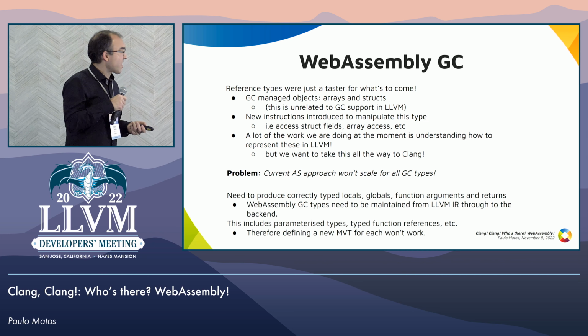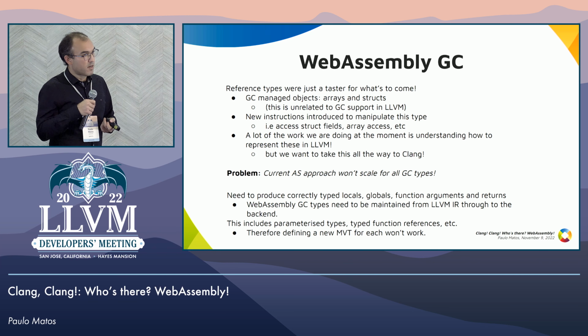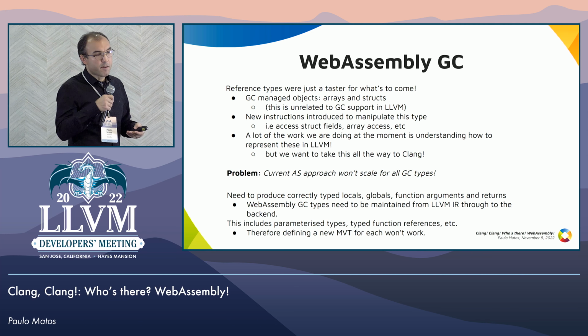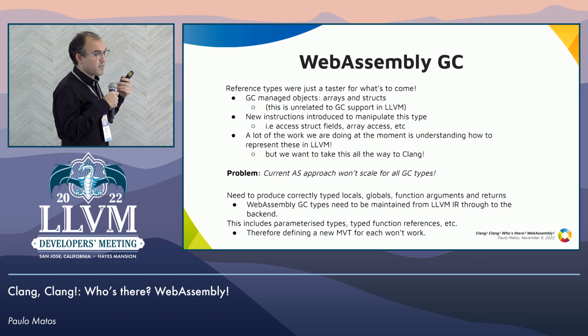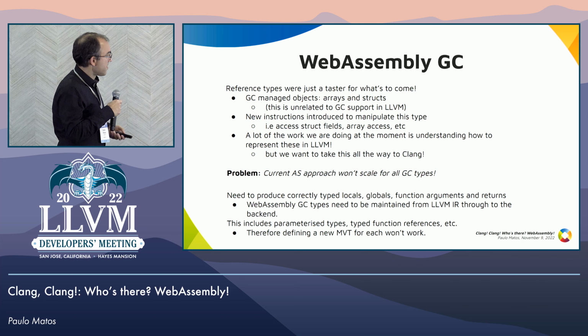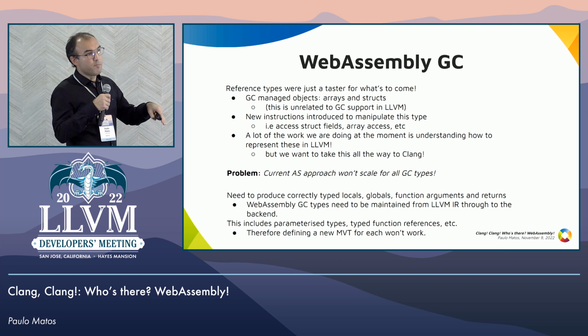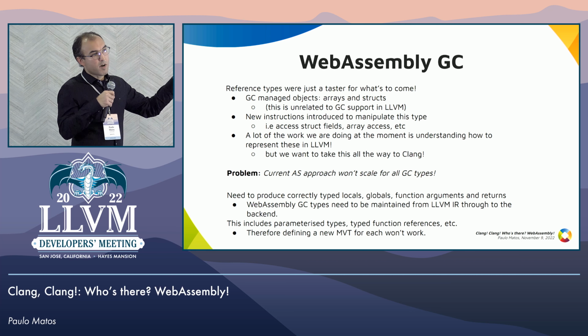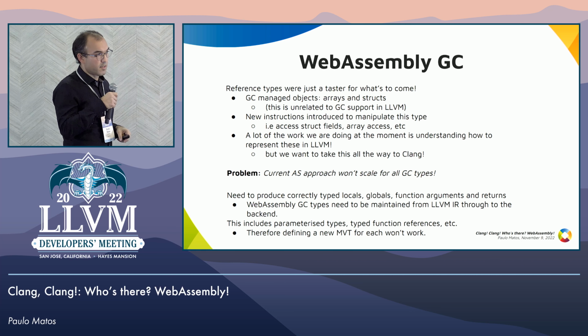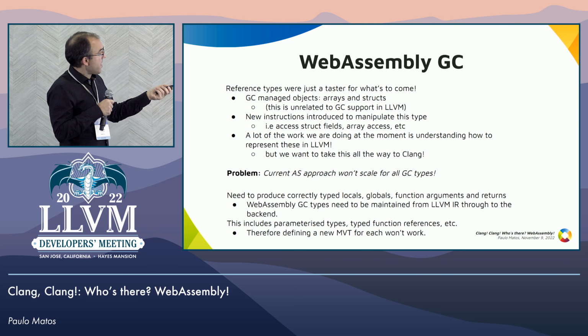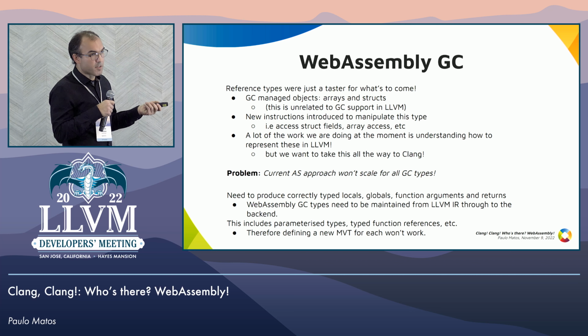So the problem is that we need to produce correctly typed locals, function references, arrays and structures, function arguments and return values. And we need to keep these types throughout the LLVM backend. And obviously, having a new MVT for each type doesn't work.